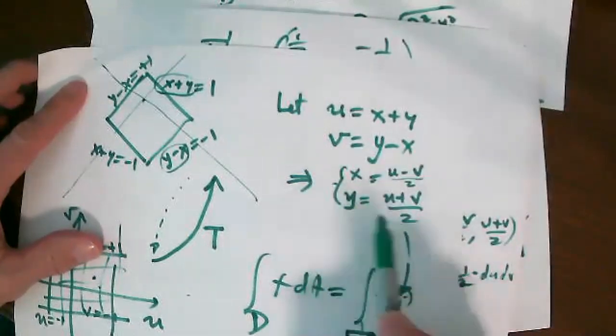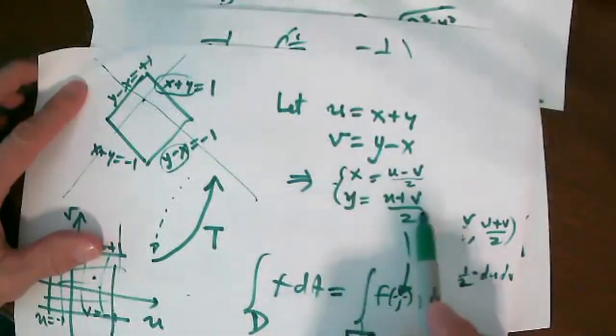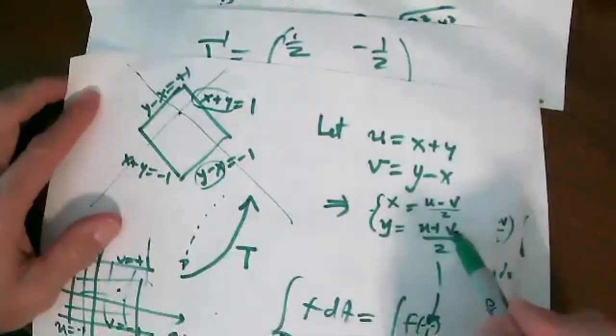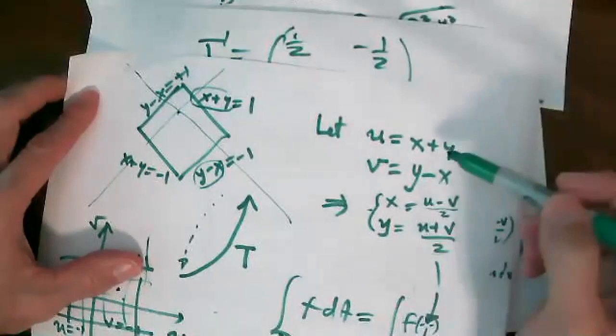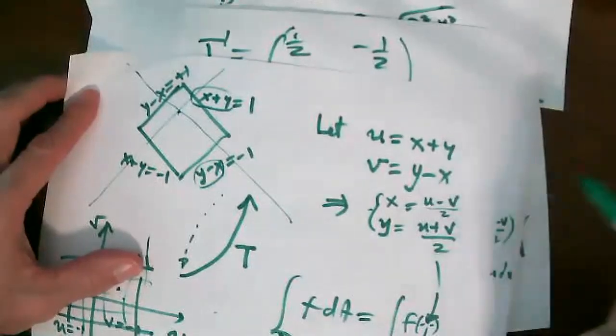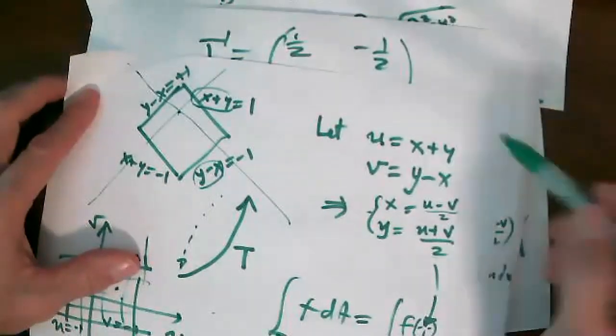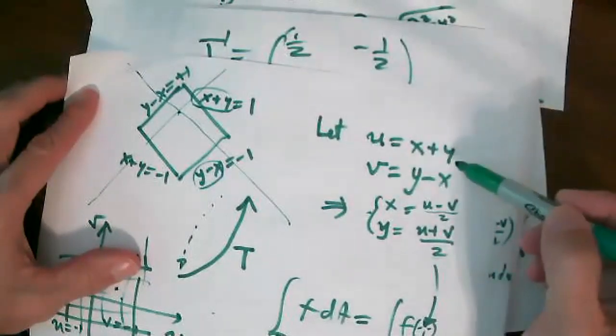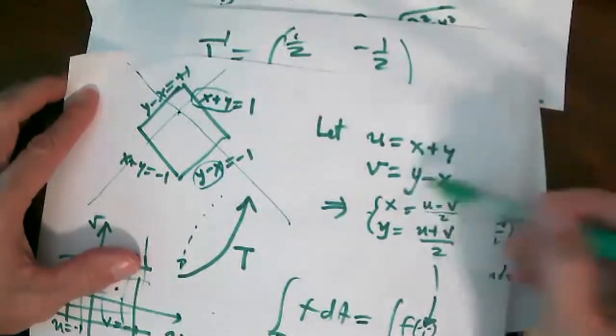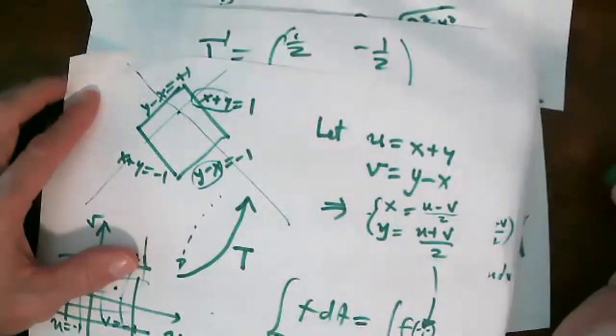That was already given to you in polar coordinates. In this example, I had to invent those formulas. I deduced them algebraically after deciding what my new coordinates would measure. My new coordinates u and v measure the things that are calculated as x plus y and y minus x.